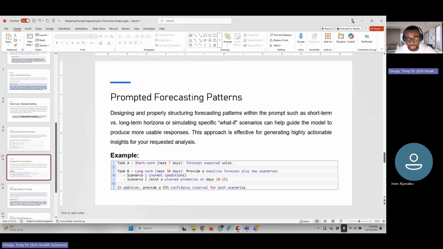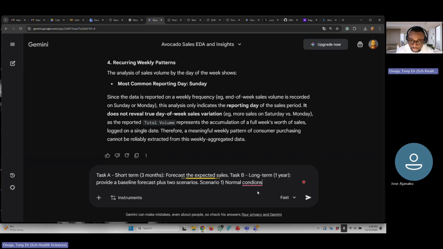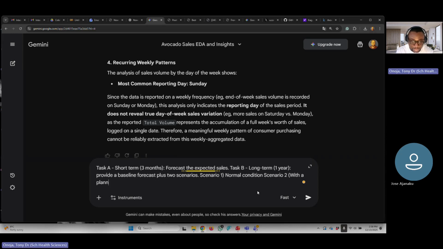I'm going to use disruption. And scenario 2, such as failure of a competitor.